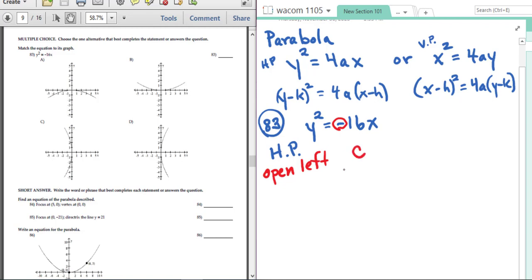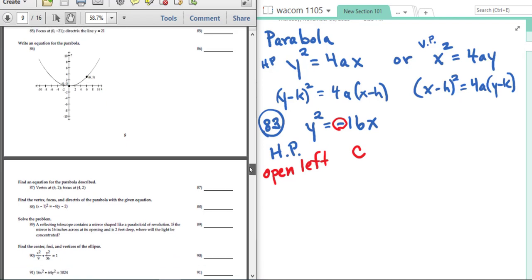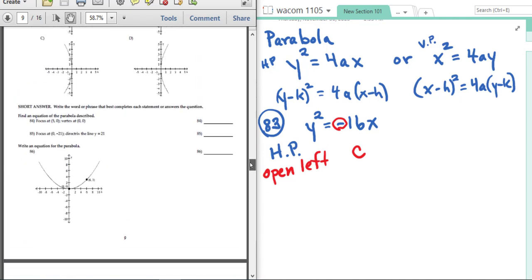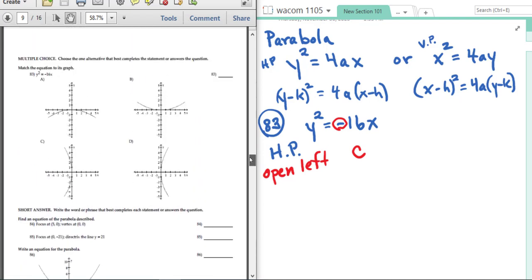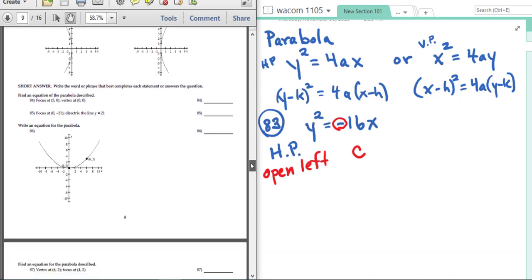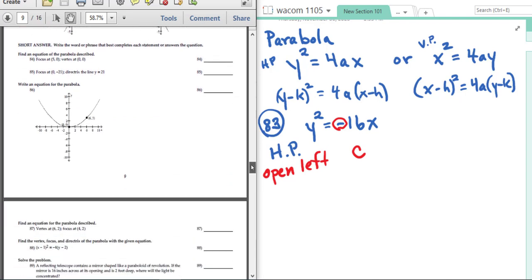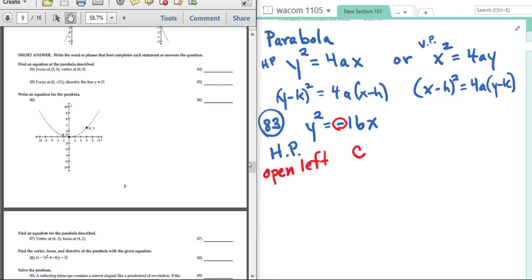And so your choice will be C. All right, let's look at some other problems. Basically, with these questions, you either get some conditions and you write the equation, or you find special points on the parabola or the picture like we did there.